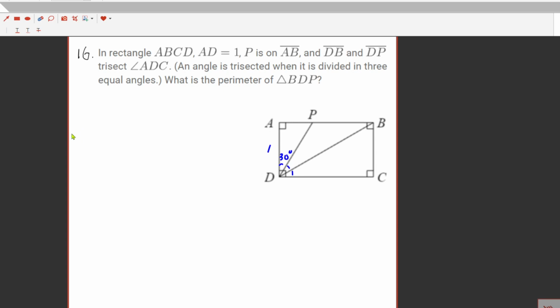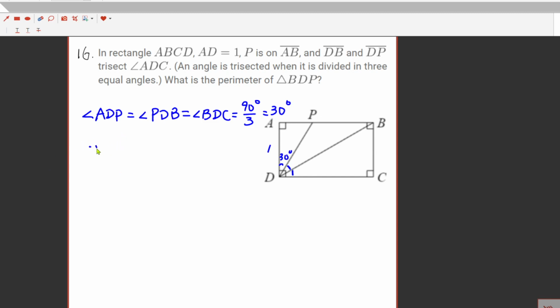Okay, first of all, note these three angles are all equal, which are all 30 degrees. So let's say angle ADP equals angle PDB equals angle BDC. 90 degrees over 3, which gives us 30 degrees.